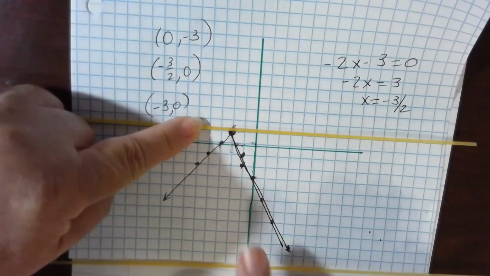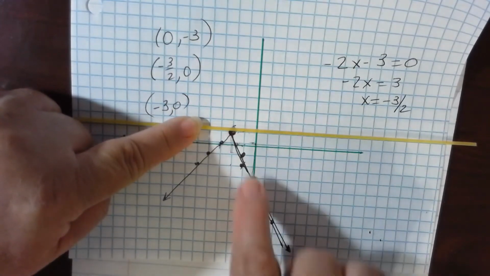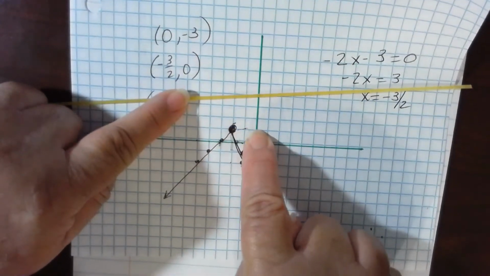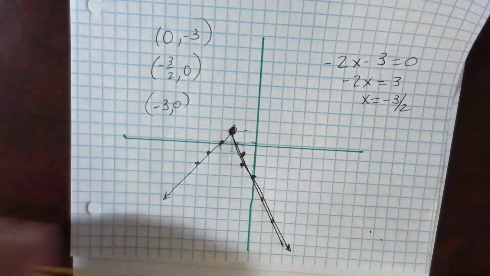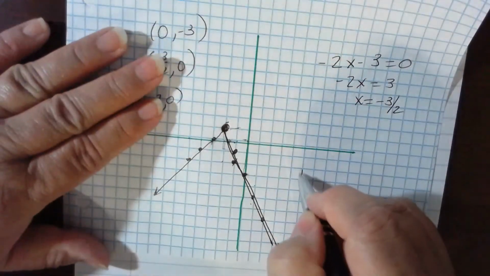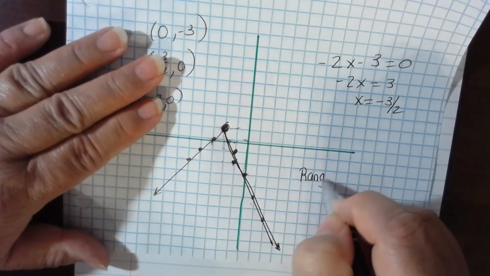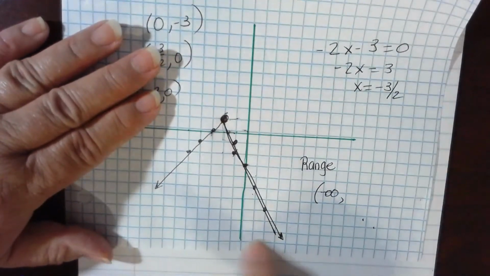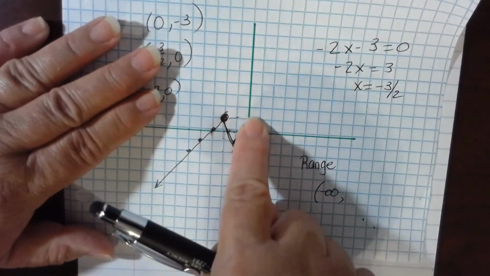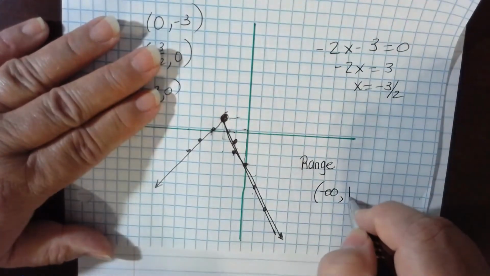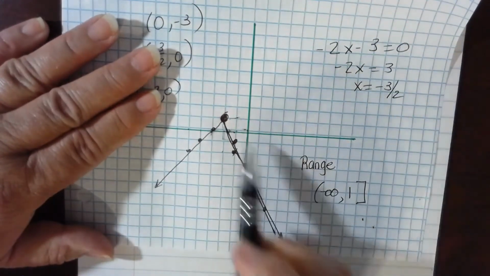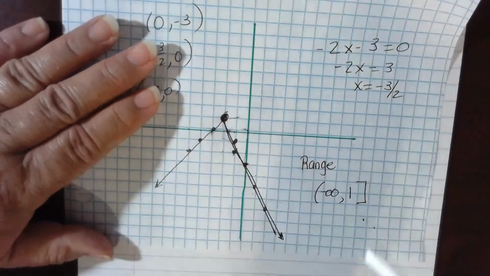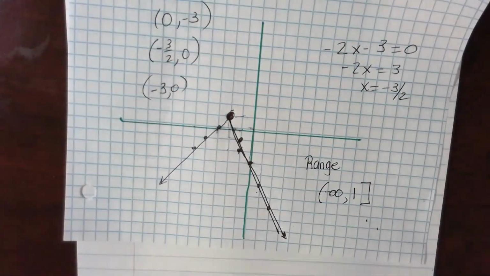So this one's going to go to -infinity up to whatever that is, and that's 1. So my range for this one would start at -infinity, that's down here at the bottom, and go up to the y value of 1 with the bracket because it's actually equal to 1. So that would be the range for that one.